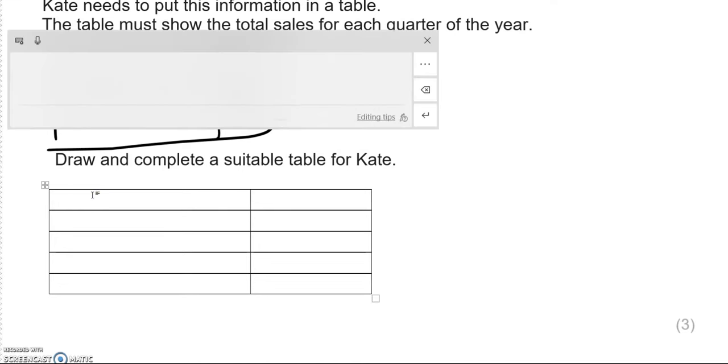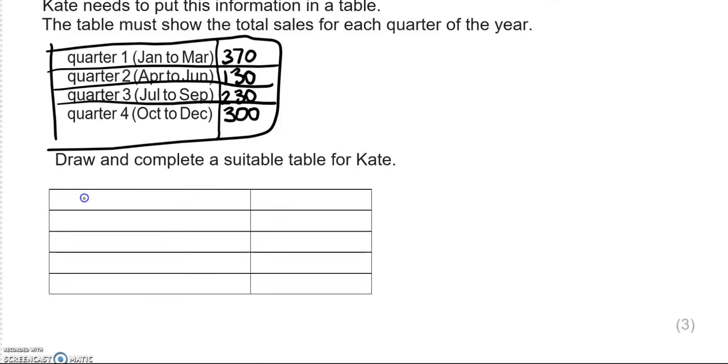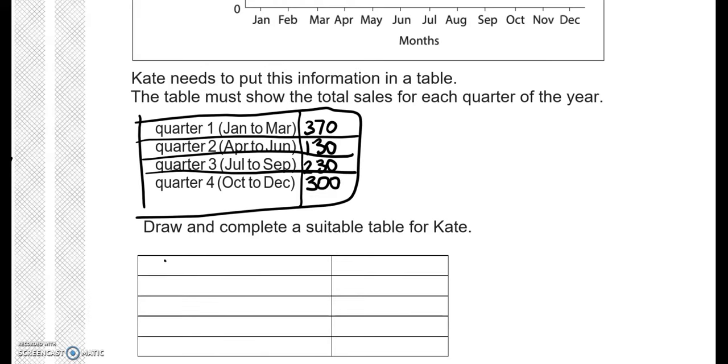So we've got quarters and number of sales. So quarter 1, January to March.